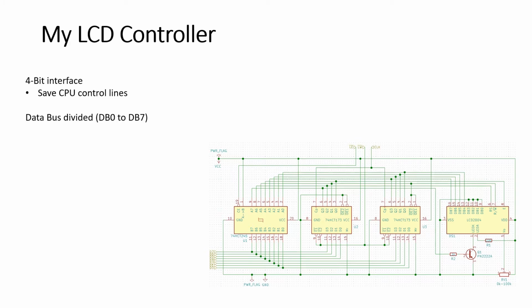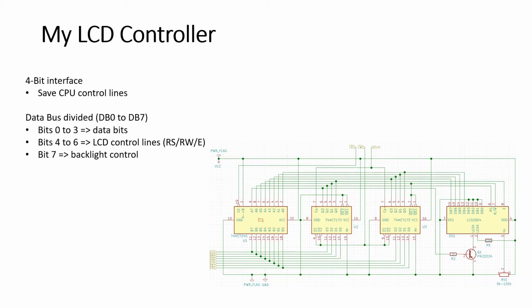The data bus is in total divided into an upper and a lower part, while the lower part, the bits 0 to 3, are the data bits that go to the LCD display in 4-bit mode. And the bits 4 to 6 are the 3 control lines. And since there is one line left, I control the backlight of the display with the 7th bit on the data bus.